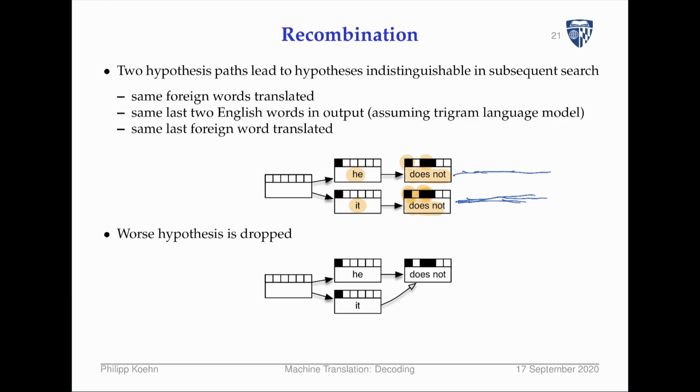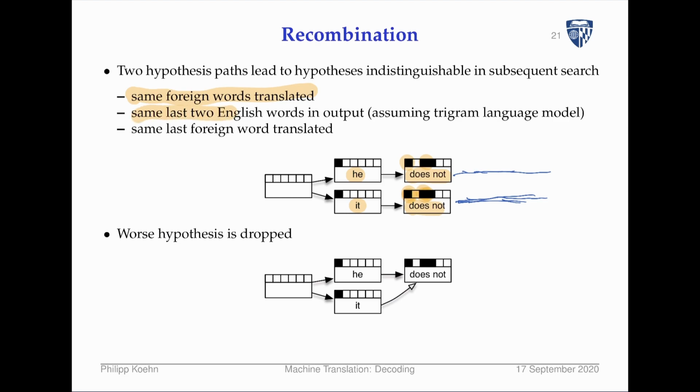Here are the conditions of when this is true. So if I have the same foreign words translated, then whatever comes further, you can do exactly the same for the worst of these two hypotheses.